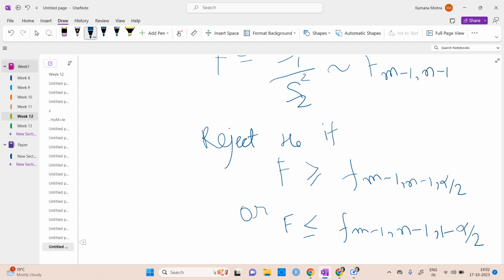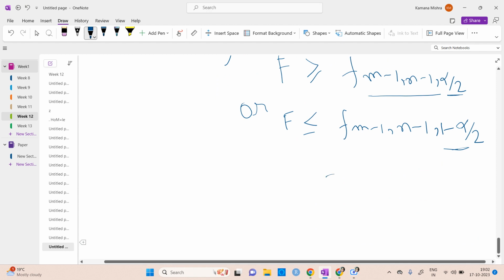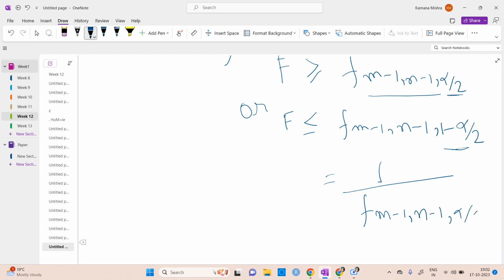Why? Because with the same degrees of freedom, changing alpha by 2 to 1 minus alpha by 2 gives 1 upon F(m minus 1, n minus 1; alpha by 2).